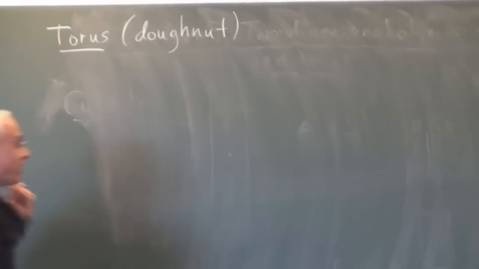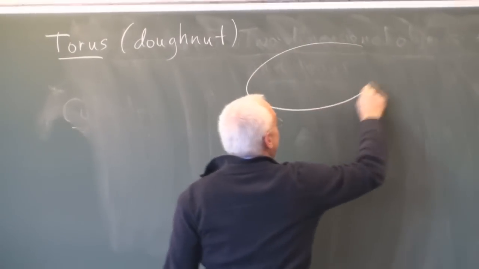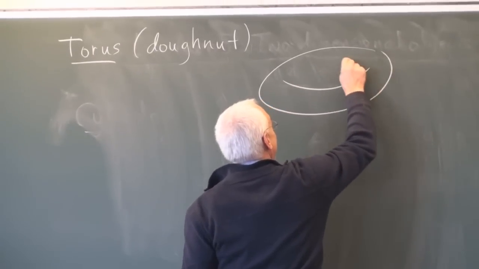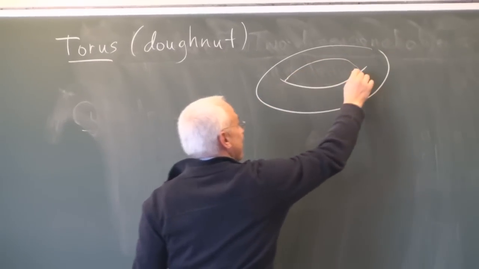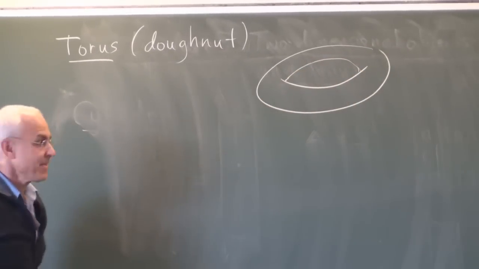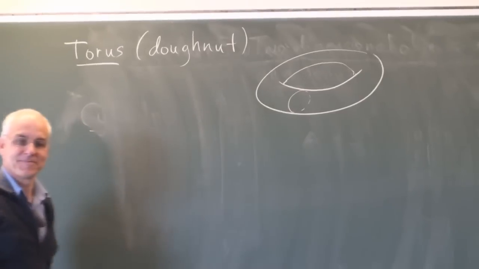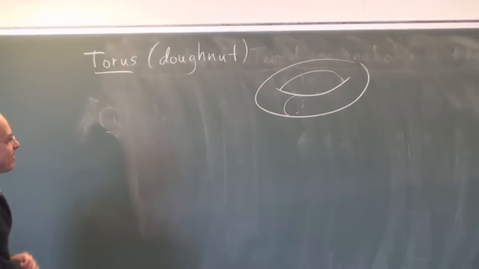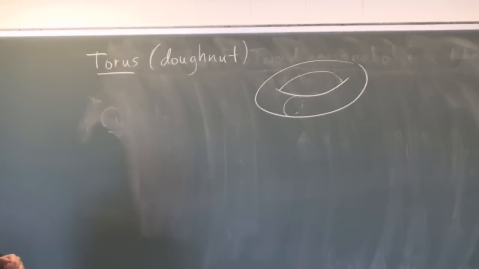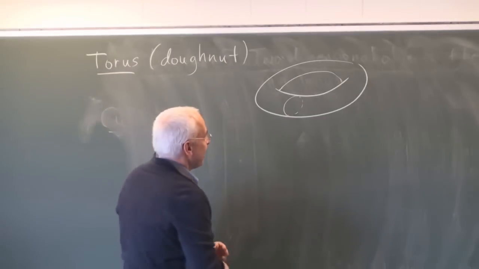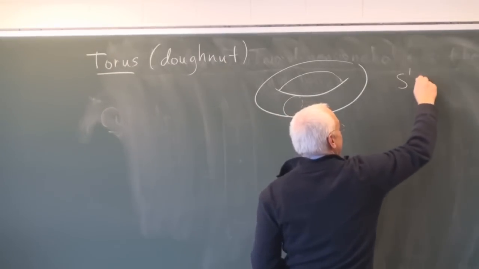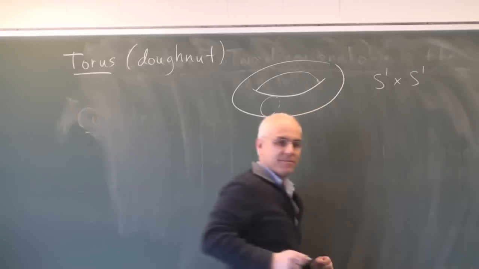Okay, what's a torus? It's a two-dimensional surface. Looks like that. And it's got a sort of round cross section. And topologically, it's S1 cross S1.